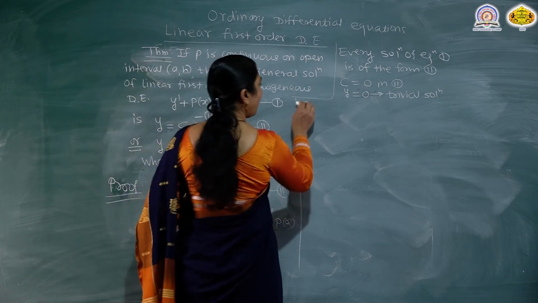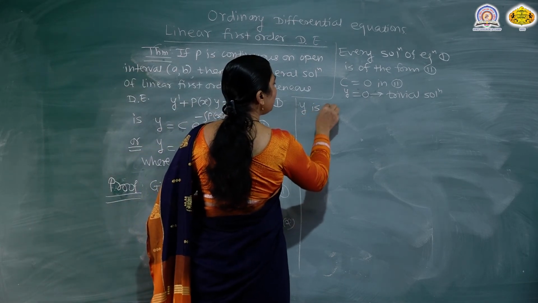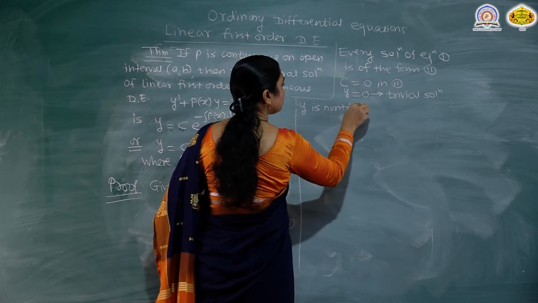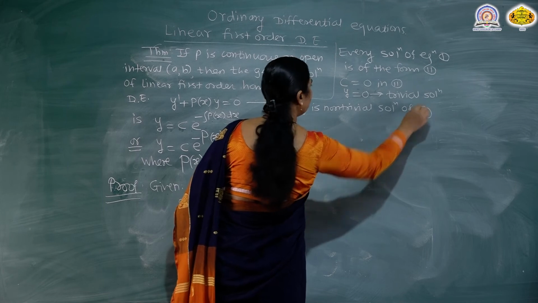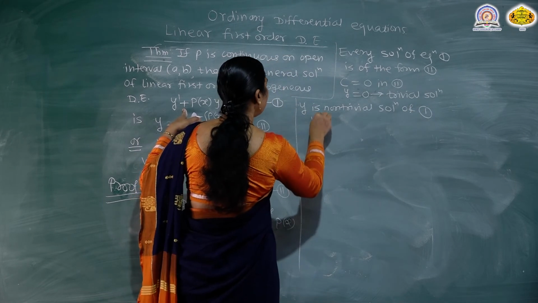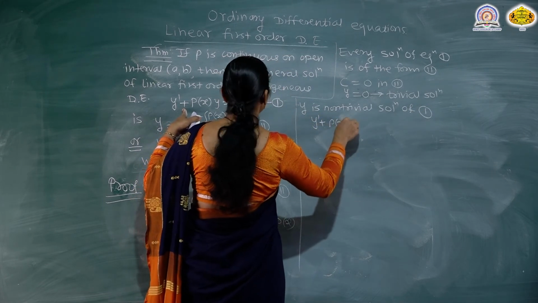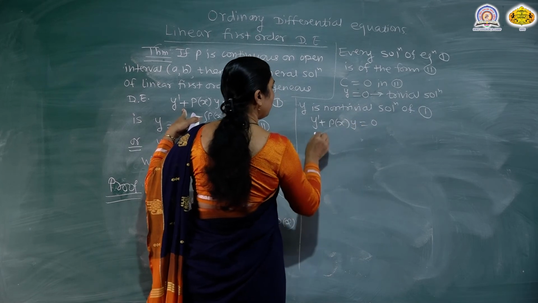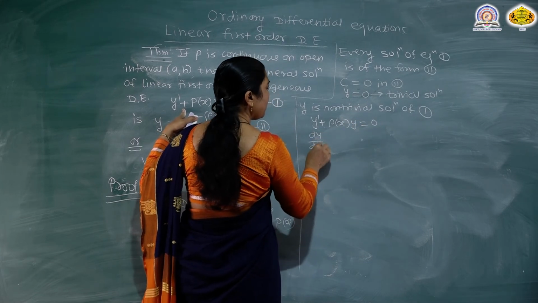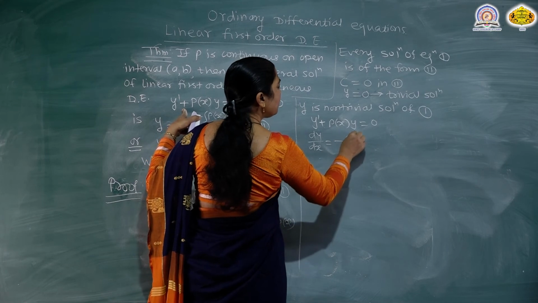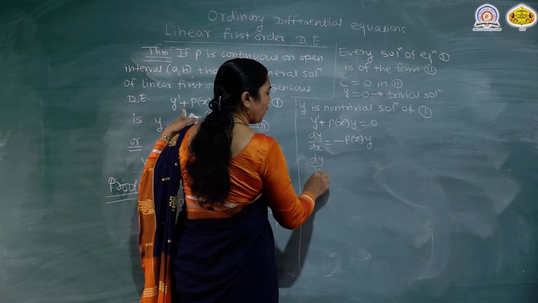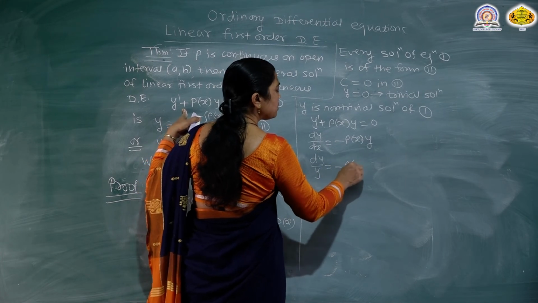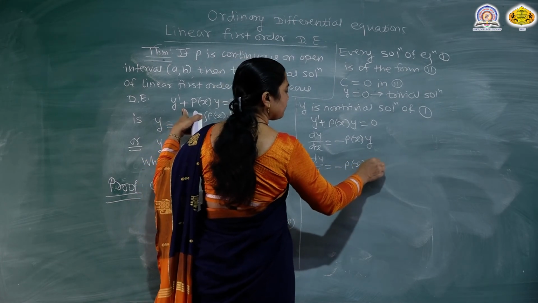So assume that y is any non-trivial solution of equation 1. So we have y dash plus pxy is equal to 0. That is dy by dx is equal to minus pxy, or dy upon y is equal to minus px dx.